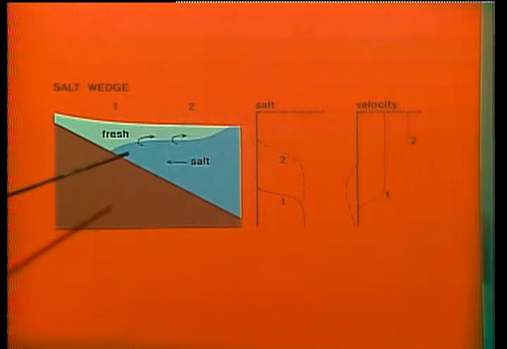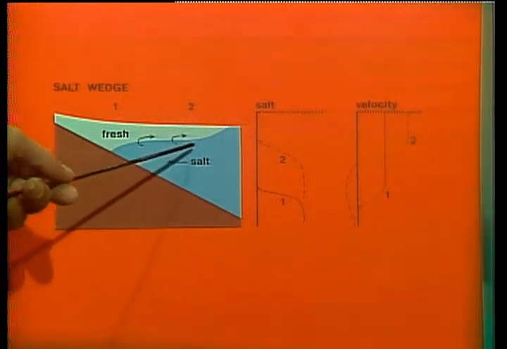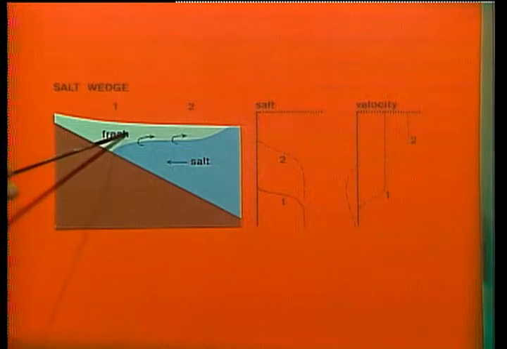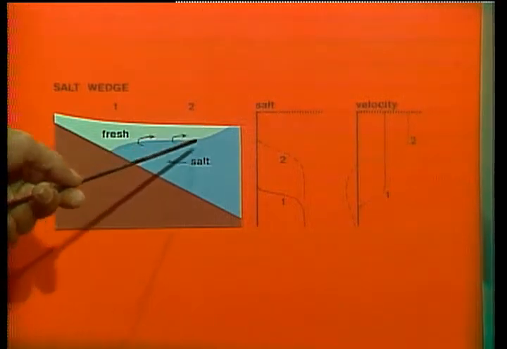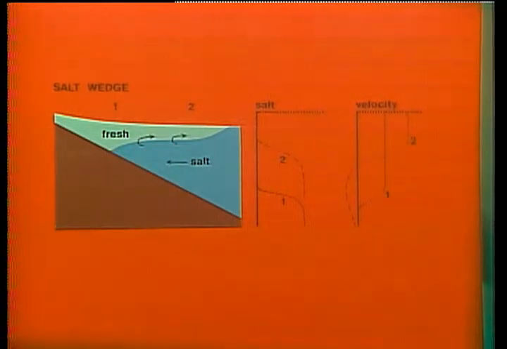The result of this is that salty water is drawn up into the fresh outflow and is carried along with it. So this causes two things to happen. First of all, it creates an inflow of salt water into the estuary, whereas before we had none. Secondly, if conditions are right, it can actually cause an increase in the volume of flow in the surface waters.